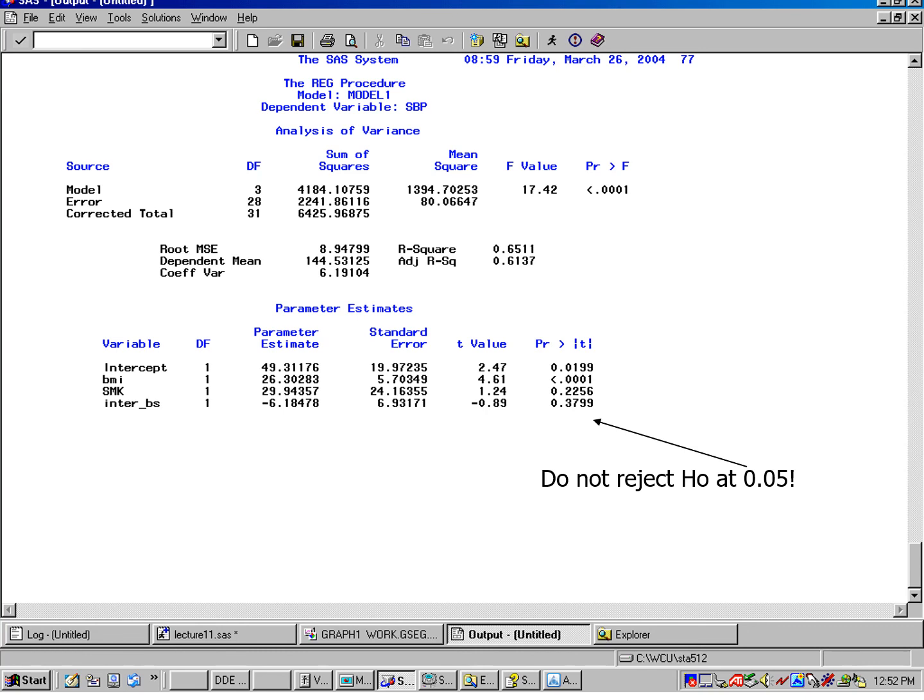That is, there is not sufficient evidence to conclude that the interaction is anything other than 0, which means that we do not think there's any interaction, which means the interaction term should be removed from our model. The relationship between BMI and blood pressure does not significantly differ between smokers and non-smokers.